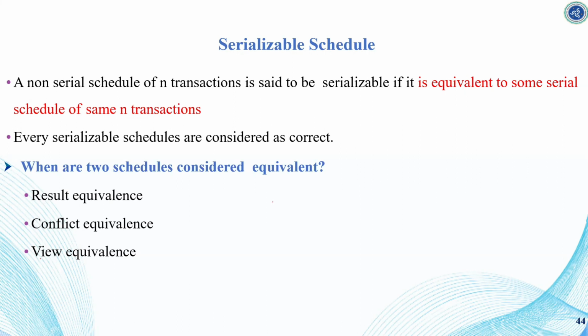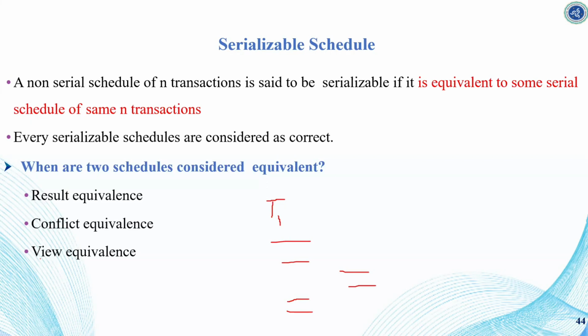If you are given a transaction T1 and it is non-serial, that means the operations are interleaved: first you have a read, then a write, then transaction T2 has a write, then T1 comes again with read and write, and so on.